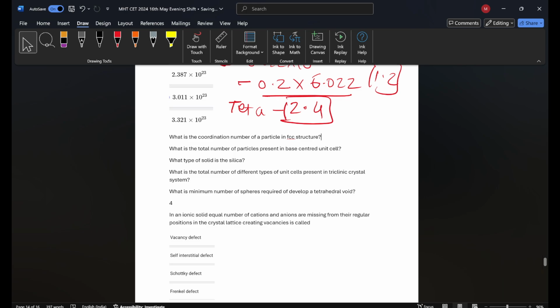This is the last part of the chapter, which is, I feel, best and worst. Best because it is time saving. It will definitely save you time, and that is what chemistry is made for. It is to save your time as much as possible. But bad for those who don't know the answer, because if you have not studied the textbook well, this is the worst section you can have, because there is no option.